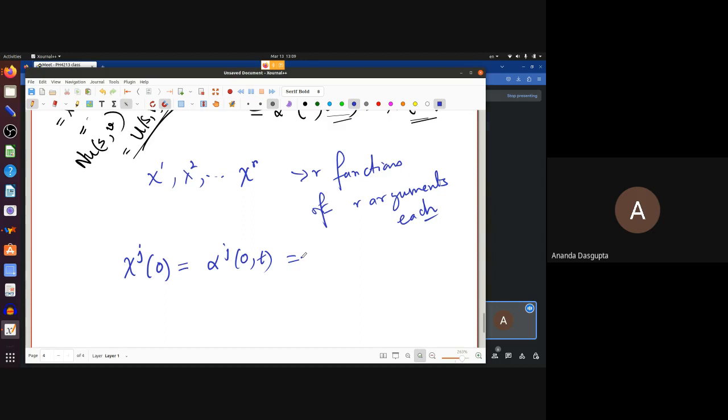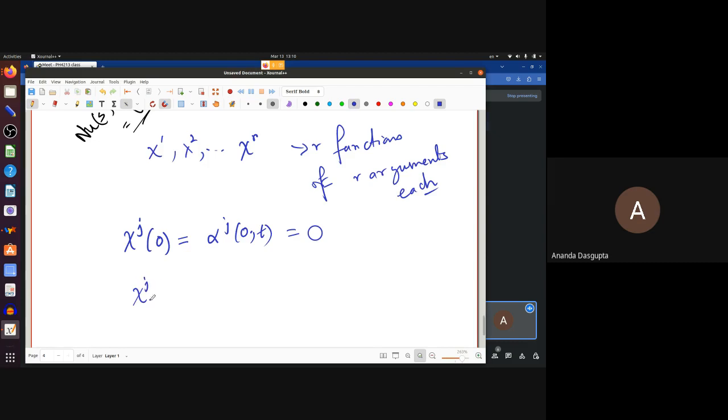If you put sigma equals 0, no matter which t you start from, you're putting sigma equal to 0, and therefore you get chi j at 0. 0 here, of course, is not a single number 0, it's a bunch of r numbers, each of which are 0. And here, this 0 is, of course, one single number, the parameter is sigma. What was that? That's 0, right? So chi j at 0 is 0, that's trivial.